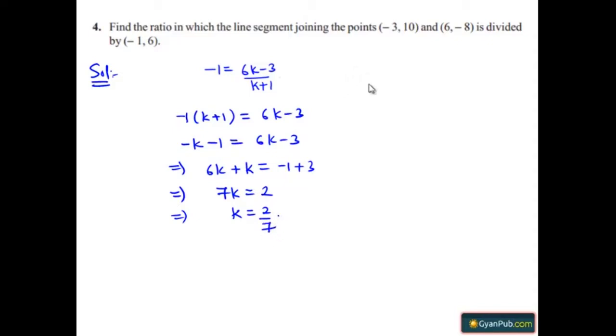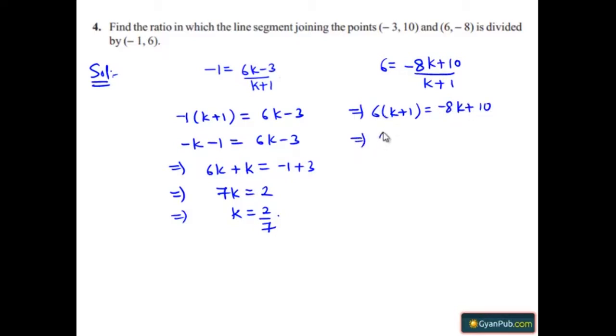Now by equating the y coordinates, we get 6 = (-8k + 10)/(k + 1). Multiplying by k + 1 on both sides, we get 6(k + 1) = -8k + 10.